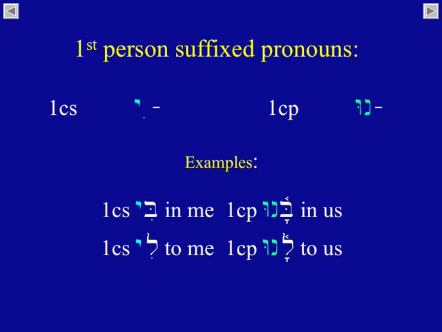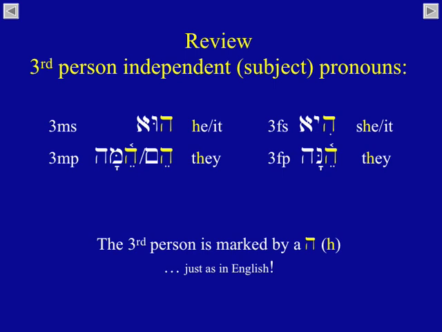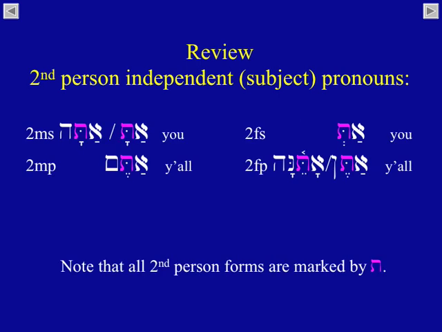We're taking the prefixed prepositions and adding pronoun suffixes to them. What about the third person forms? Well, the third person forms are marked by he, hu, and he, heim or hema, and heina, he, she, and they. The second person forms were all marked by tav.